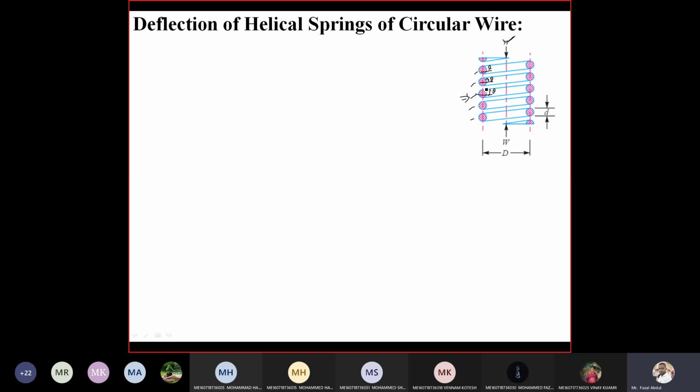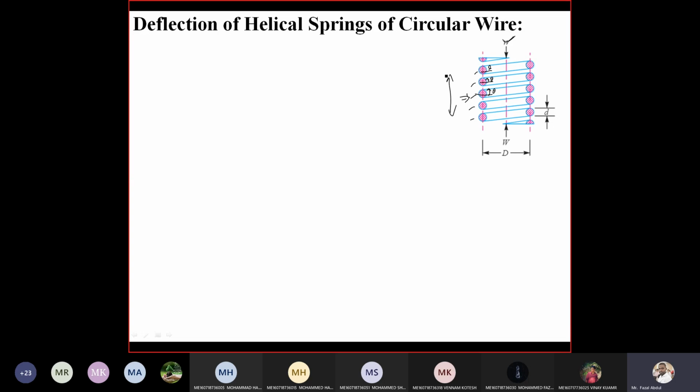So this is known as angular deflection. If we see the total spring, because of application of load, the spring is vibrating in this tangential vertical manner, that is axial deflection.